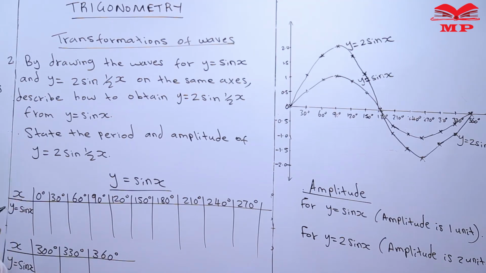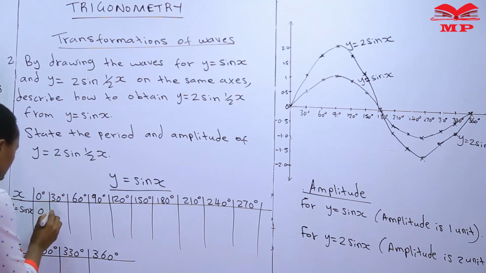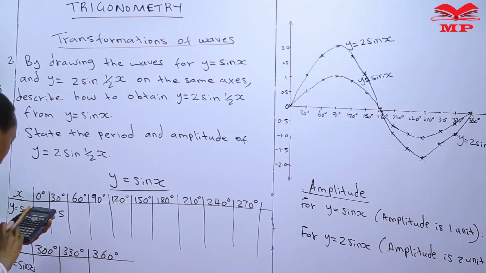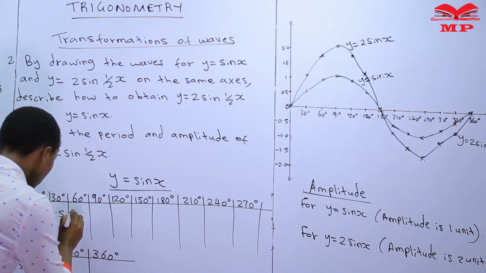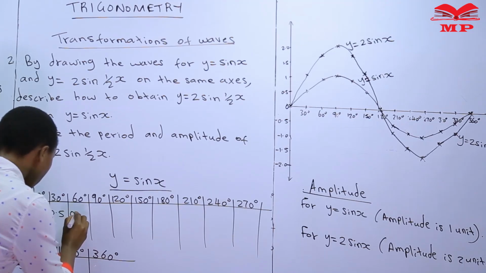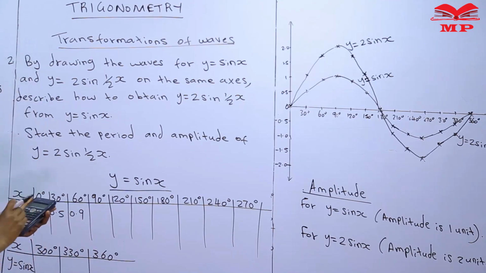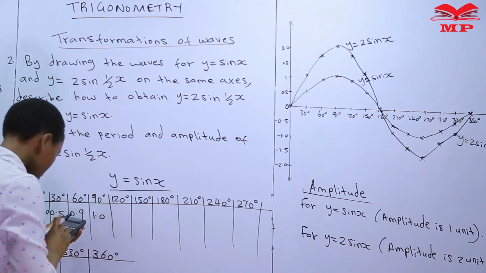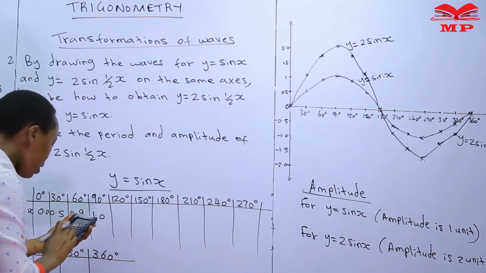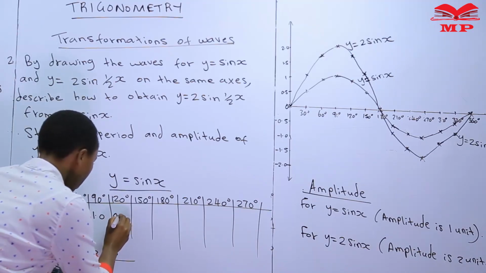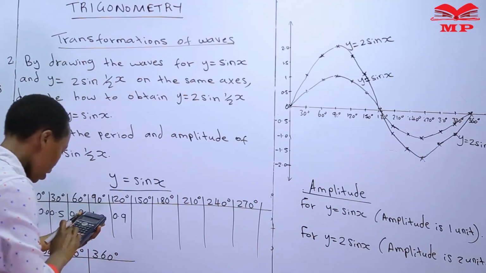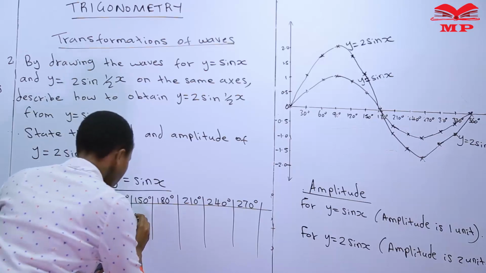So we have sine 0, which is 0. We have sine 30, which is equal to 0.5. We have sine 60, which is equal to 0.9. We can round it off to 1 decimal place. We have sine 90, which is equal to 1. We have sine 120, which is again 0.9. Sine 150, 0.5.